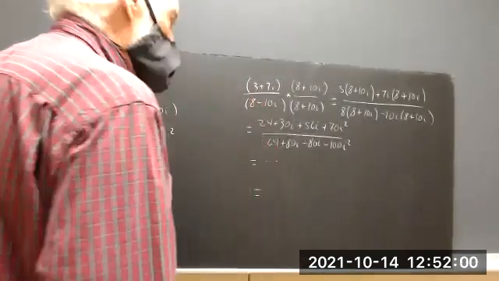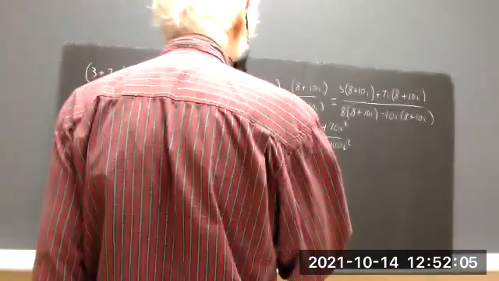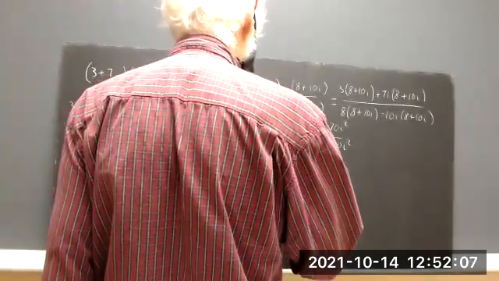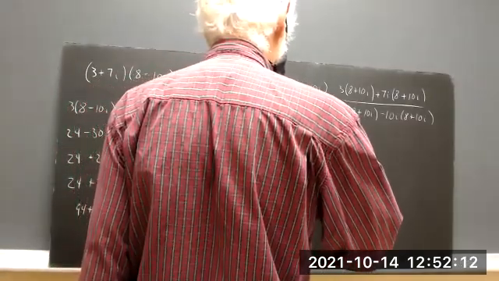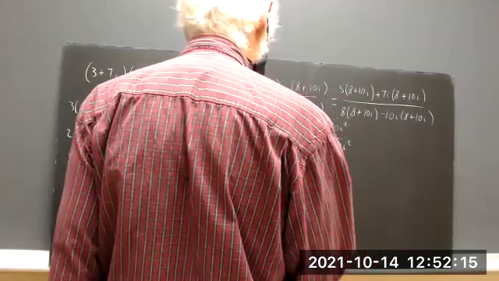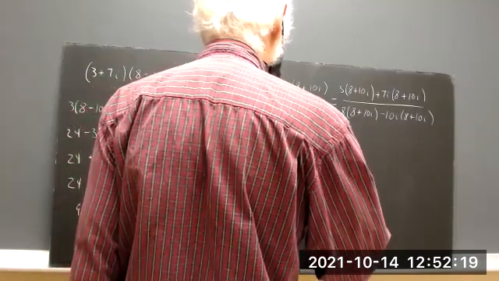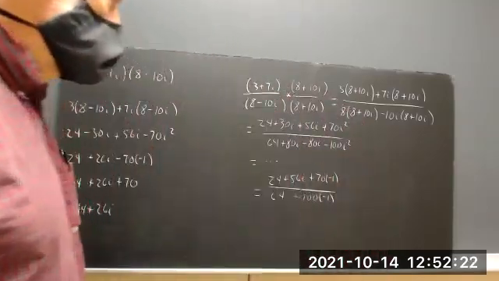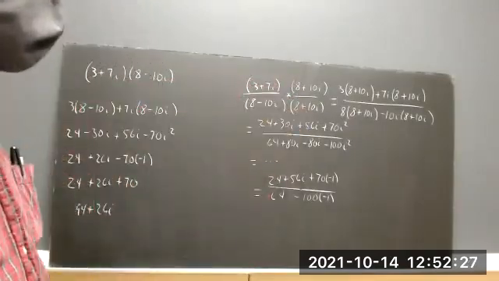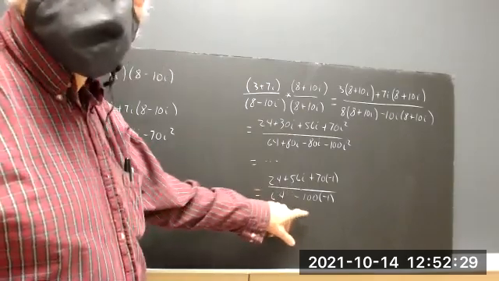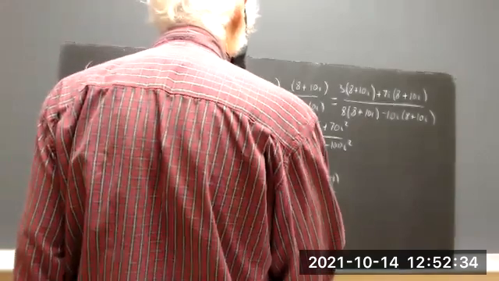You're going to get this, where really all I've done is add these terms with the i. And you notice that all the i's go away from the denominator. Then you just do the arithmetic.